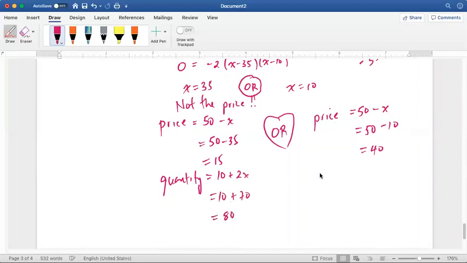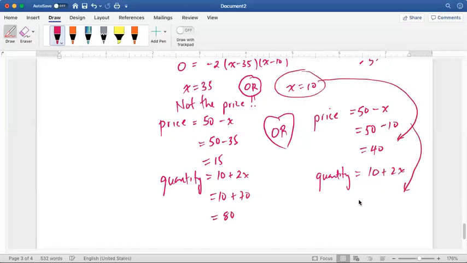And for the second one, the quantity was 10 plus 2x. And of course here we're talking about x equals 10, so for this one down here, I believe we get 30.